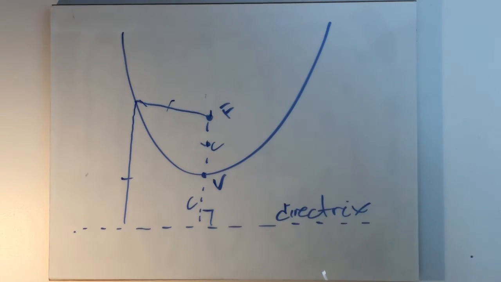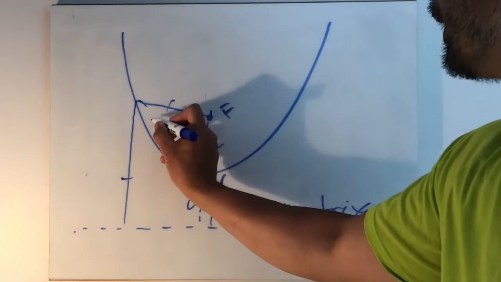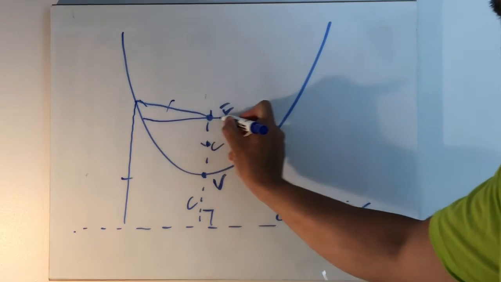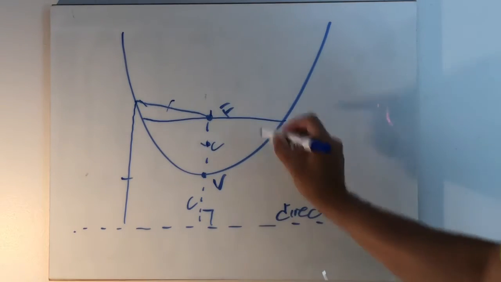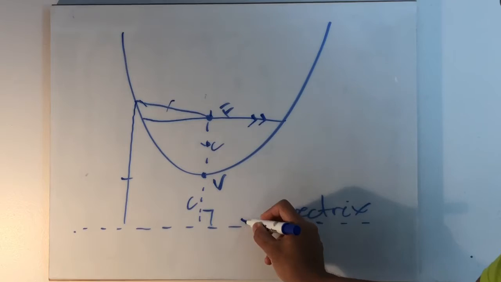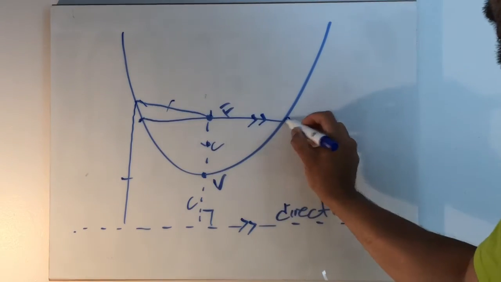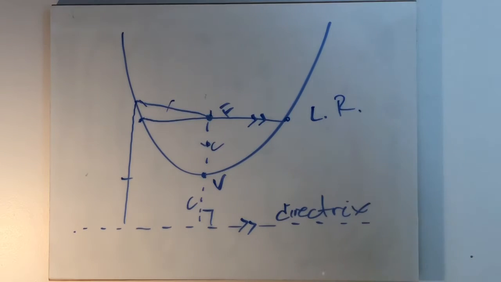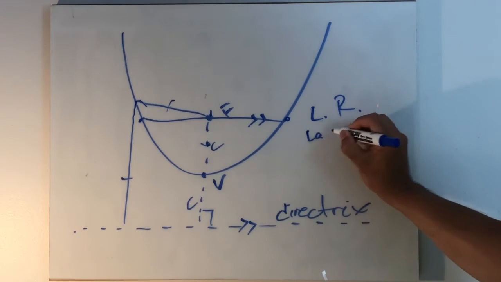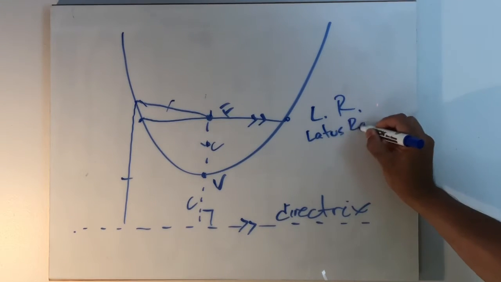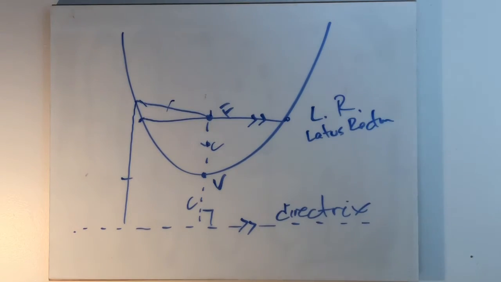Also, if you draw a line parallel to the directrix through the focal point, you get the latus rectum. We talked about this with all the other conics as well.